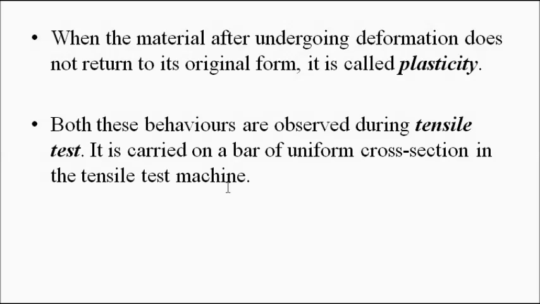test. Now it is carried out on the tensile test machine on a bar of uniform cross section. We discussed the various types of tests that are performed in the previous video, and also the various types of stress the material undergoes during application.